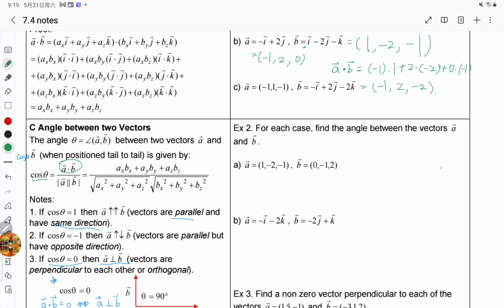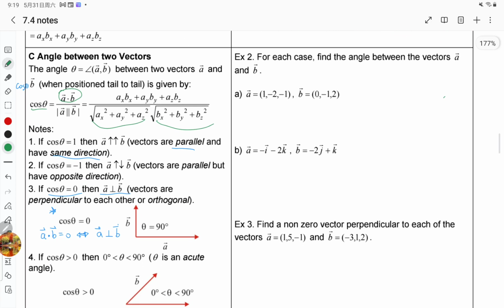And then these two are the norm of A and norm of B, right? And here it's just giving you some value for cosine theta. If A and B are parallel, in the same direction, cosine theta is 1, because theta is 0, right? So cosine 0 is 1, right?